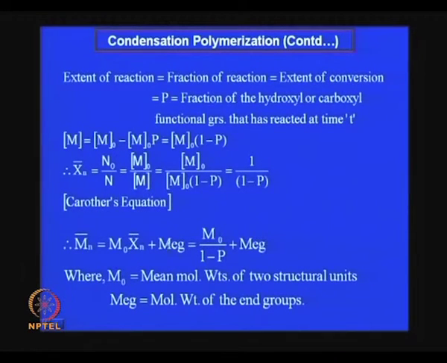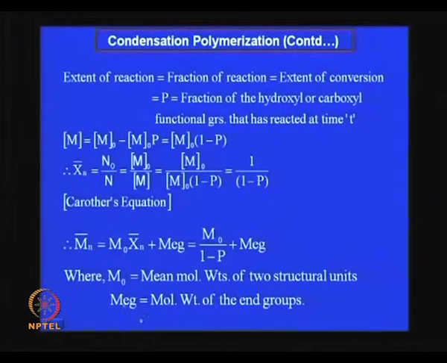Here you see MEG is there. Actually this M0 here is the mean molecular weight of two structural units. I showed in the previous slide the structural unit, that means the portion within the parenthesis. This is not a concentration term.